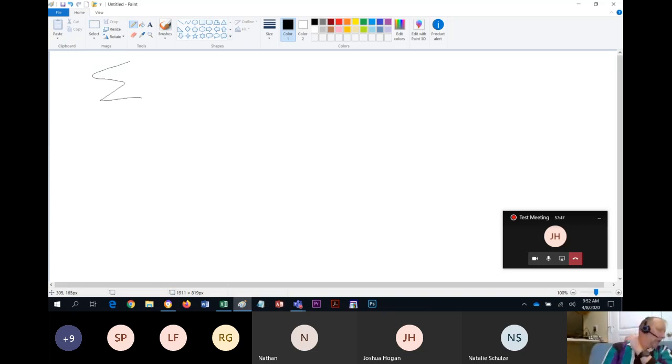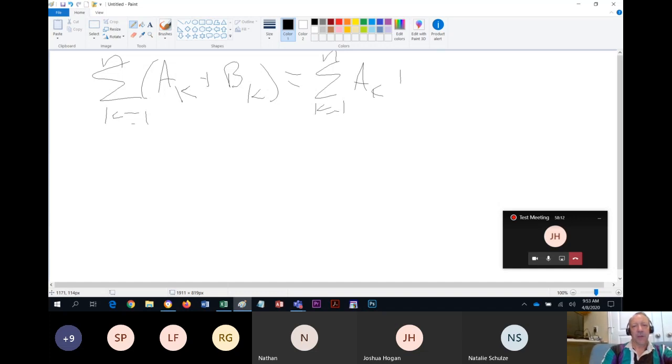If I do some sum of k equals 1 to n, and then if I have some sequence a sub k plus another sequence b sub k, that equals the sum of a sub k from k equals 1 to n plus the sum of b sub k. Okay, now that can be very handy. So this is basically rule number 1.